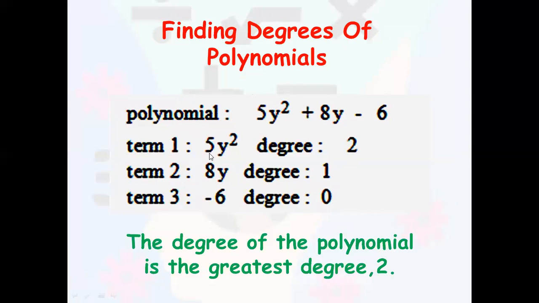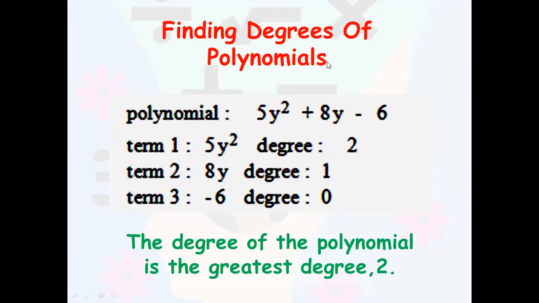So we take the highest degree. We don't say 2 plus 1 is 3. We don't say that. When you're finding the degree of polynomials, you take the highest degree and say that is the degree of the polynomial. So the degree of the polynomial is the greatest degree, 2. So you should not confuse yourself when you're finding the degree of monomials and polynomials.